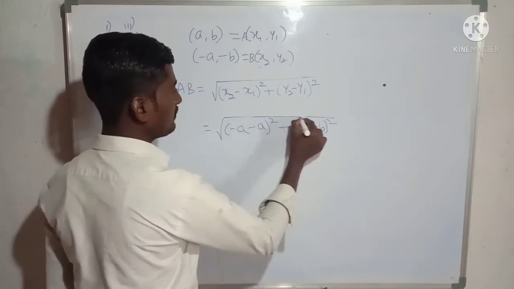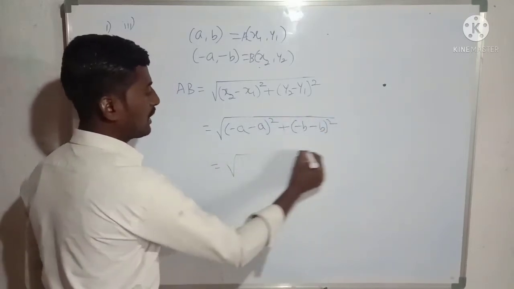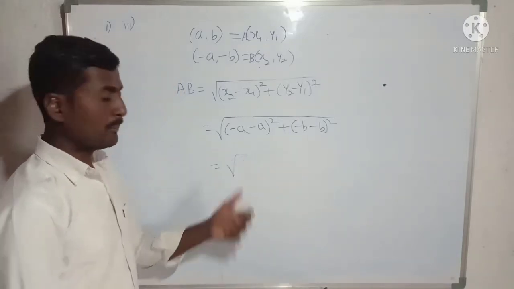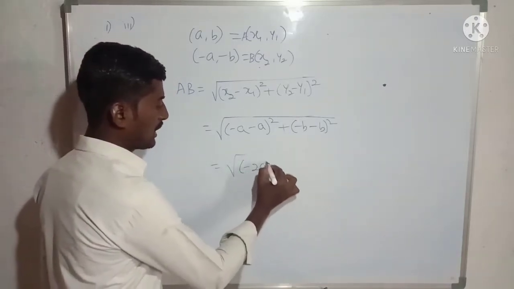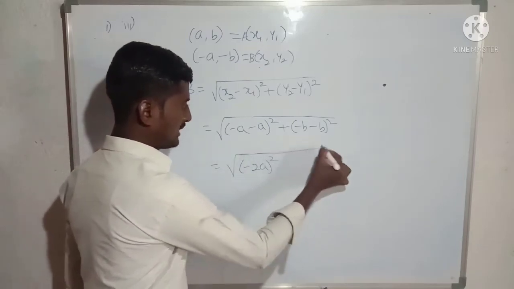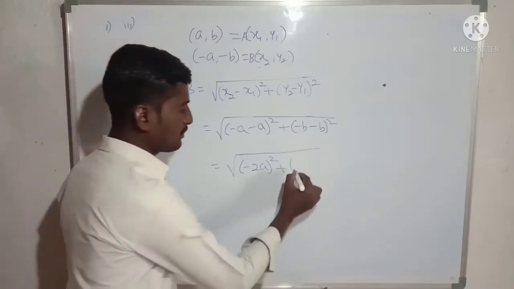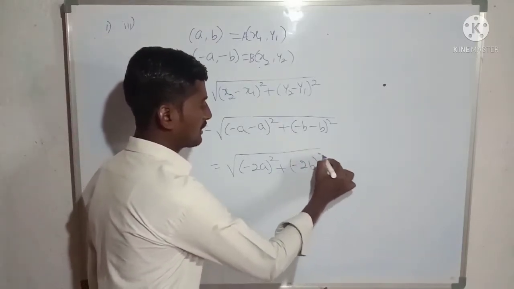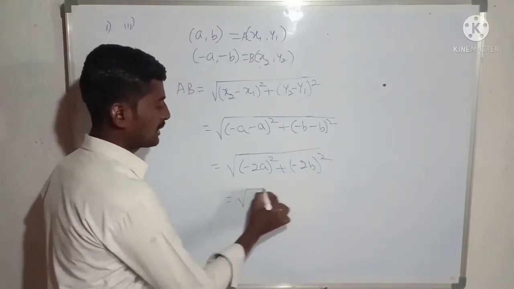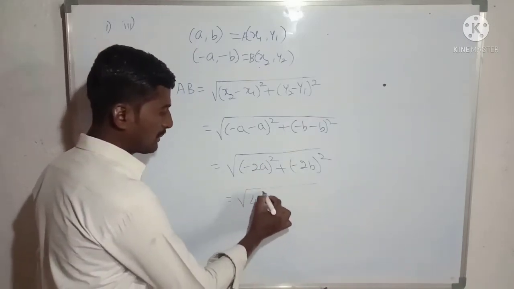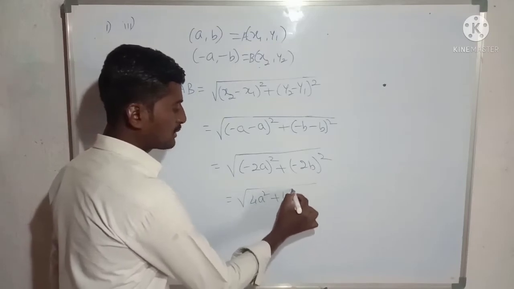Now this is equal to under root of minus a minus a, that is minus 2a whole square, plus minus b minus b, that is minus 2b whole square. Now this is equal to under root of minus 2 square, it is 4a square plus 4b square.